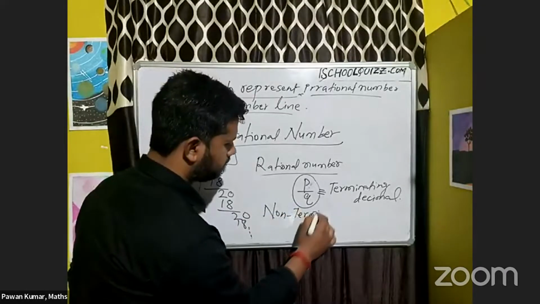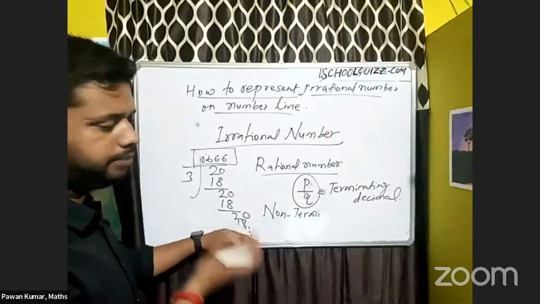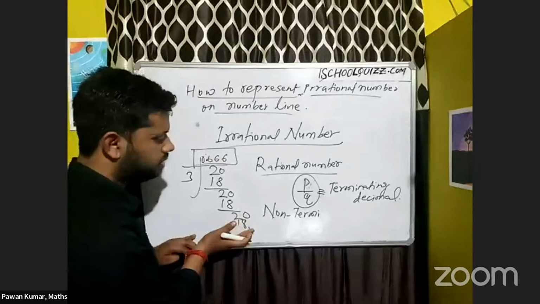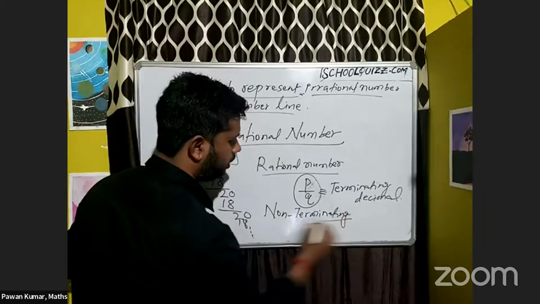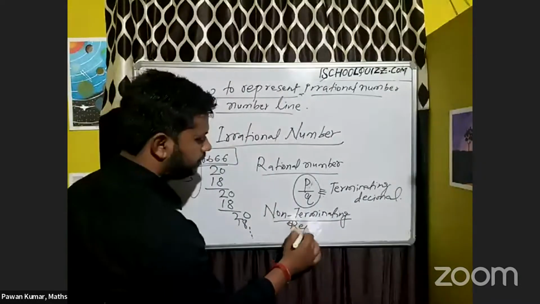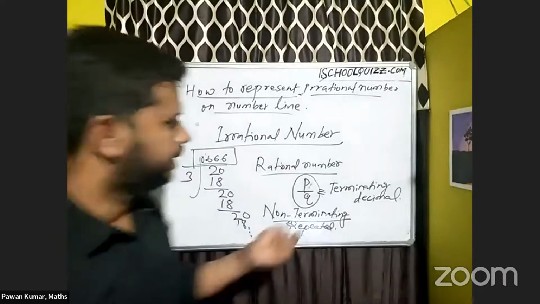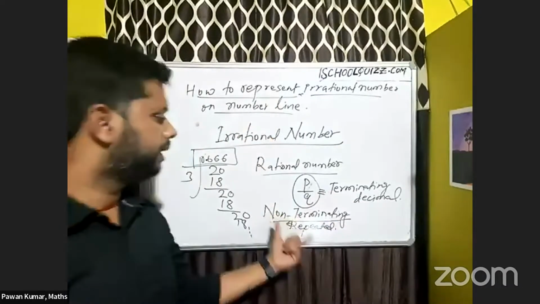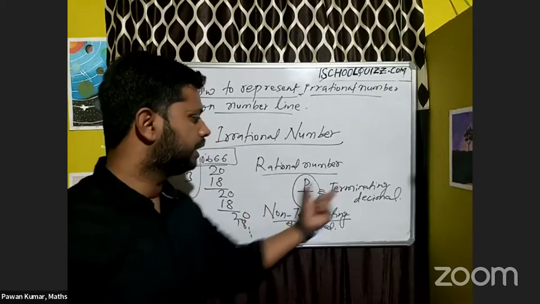Non-terminating means I'm not able to end the division the way I did before, but the number is repeated, so we call it repeating. Terminating decimals and non-terminating repeating decimals, both can be converted into a rational number.